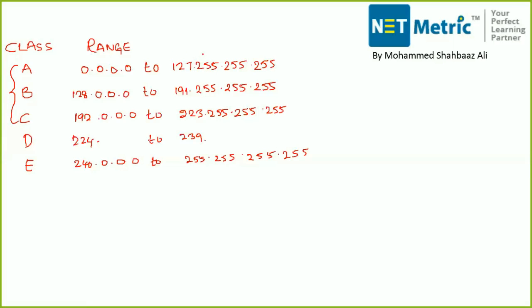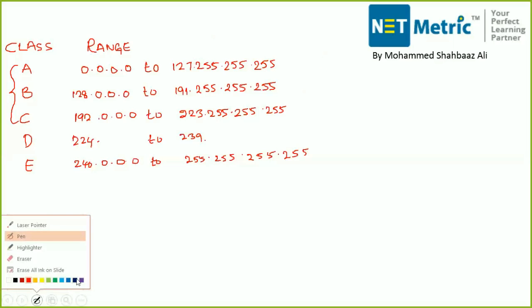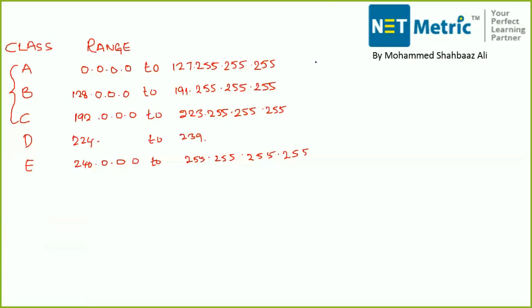How many network octets and how many host octets will be in class A? One network octet, and 3 host octets. In class B, 2 network octets and 2 host octets.